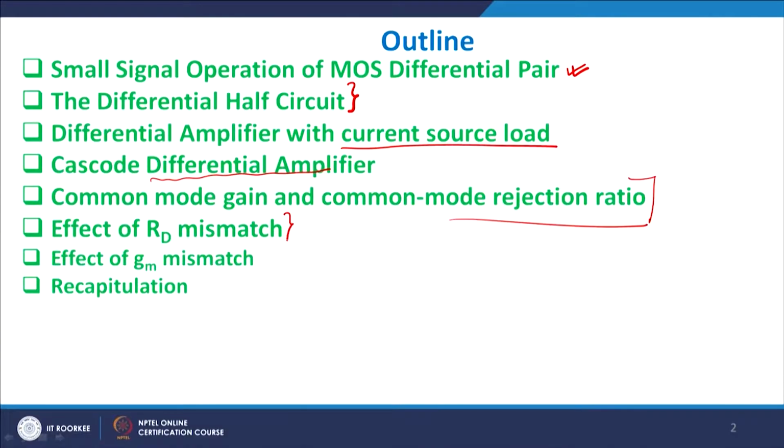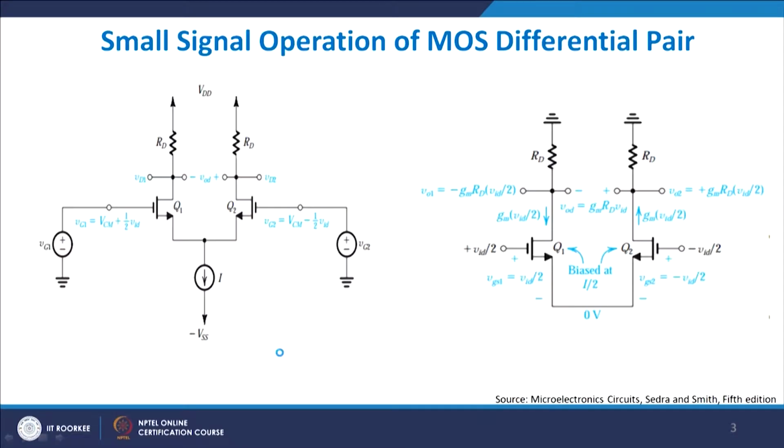In such a scenario you are able to reject the common mode noise very easily, but in reality when you fabricate, you will always have certain mismatches in the transistors in terms of transconductance as well as the drain resistance RD. So, we will study that in the next two sections, RD mismatch and GM mismatch. We look at these mismatches and see how they affect our overall picture as far as the small signal operation of the MOS device is concerned.